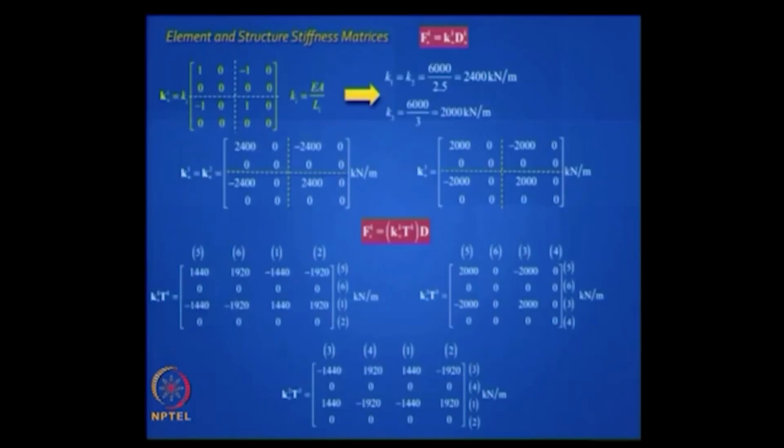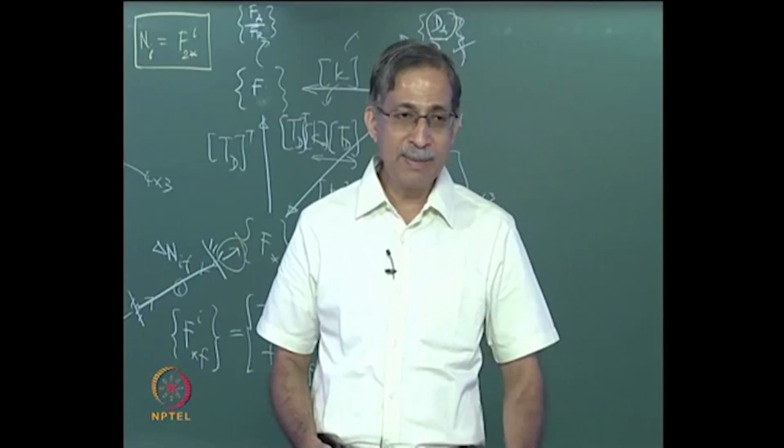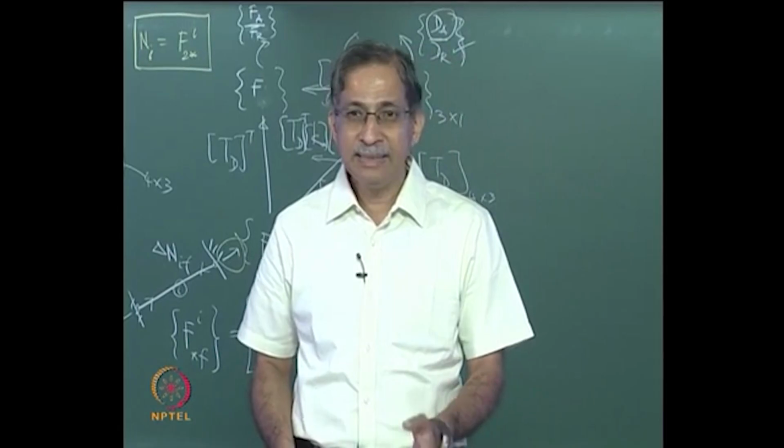You first calculate Ki star Ti and put the linking coordinates and put the units also. All stiffnesses are in kilonewton per meter. You got Ti for every element, you got Ki star for every element. Can you not do the product? Can you not put the linking coordinates? What's the next step? You pre-multiply this with Ti transpose.